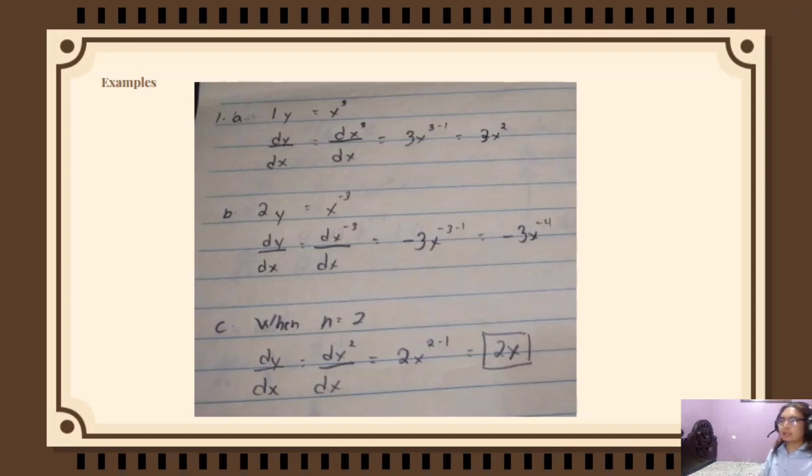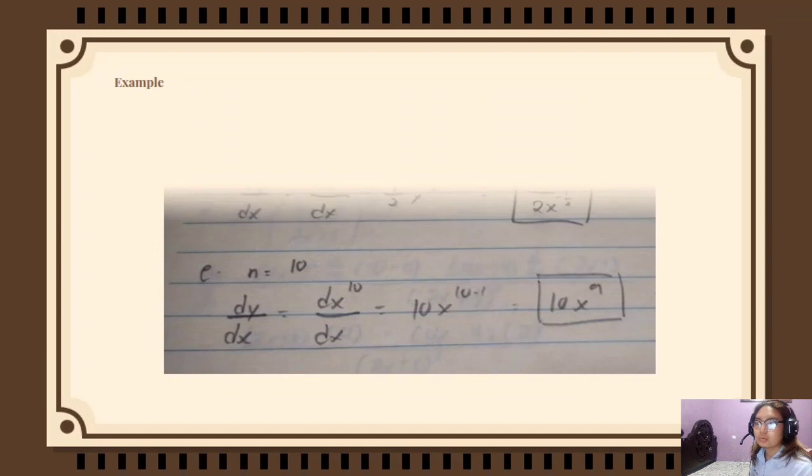Our formula is n x raised to n minus 1. Very basic. That will be the answer. Easy. Then example number 4.